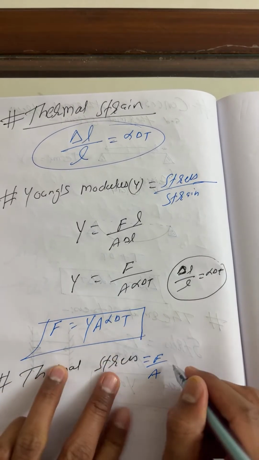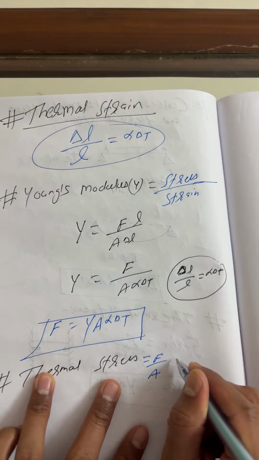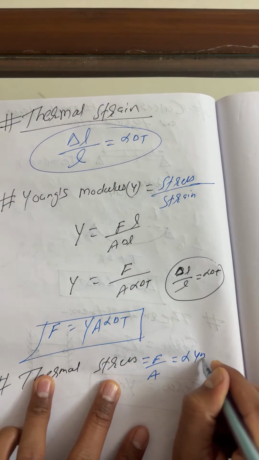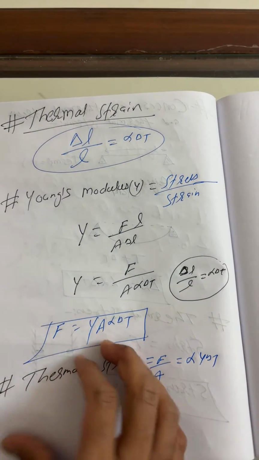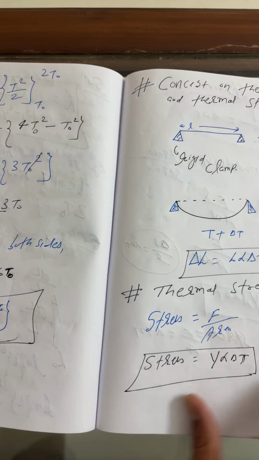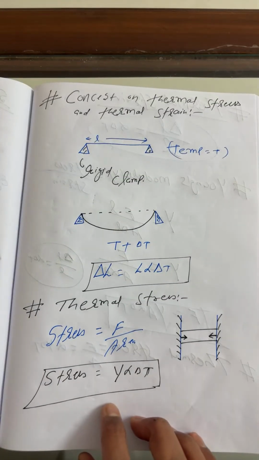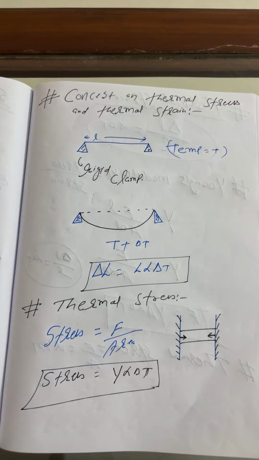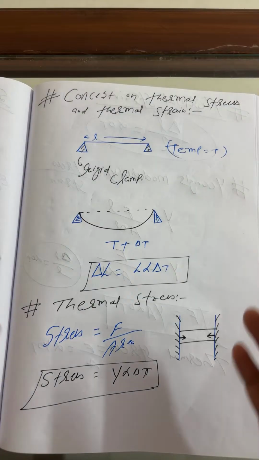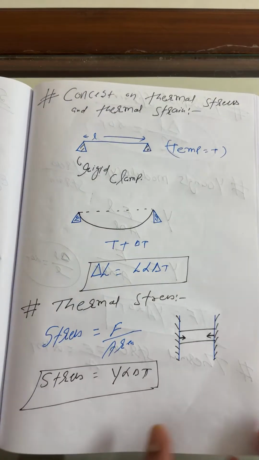And what is the force per unit area? Young's modulus into alpha into delta T. That's why I wrote here the stress formula: Young's modulus into alpha into delta T. What is stress and strain? Oh, Arun, you don't know. Okay.